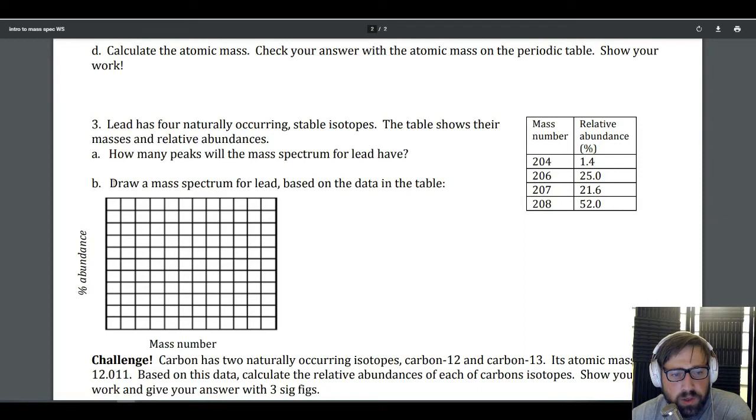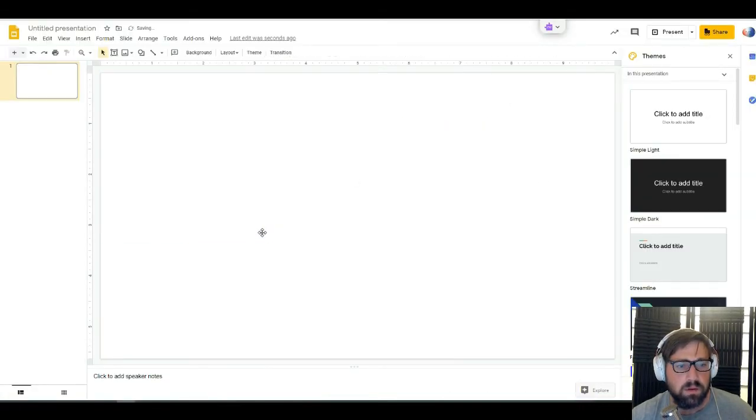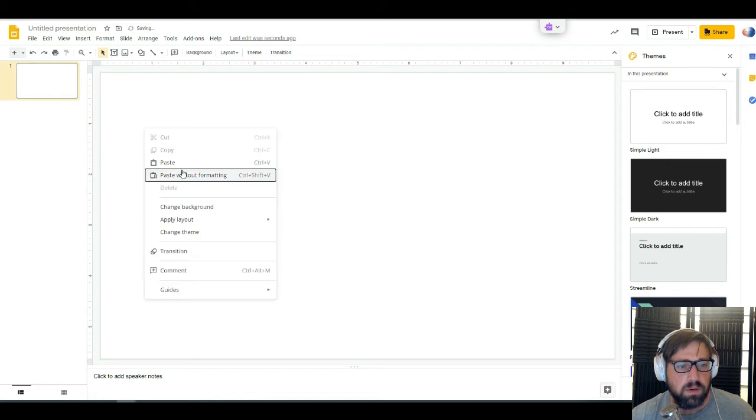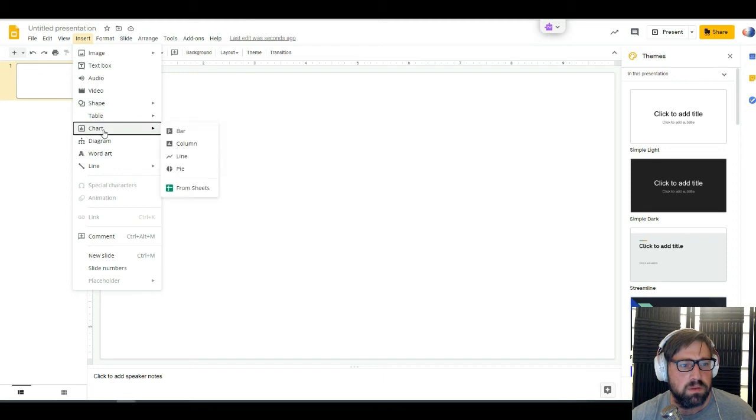All right. Draw a mass spectrum for lead based on this data. So what I'm going to do, copy this, paste it here. Insert table.